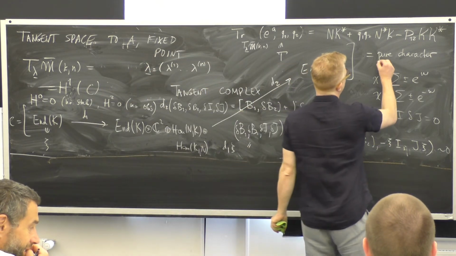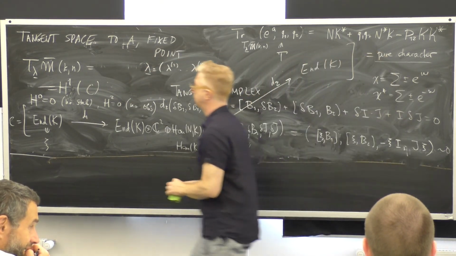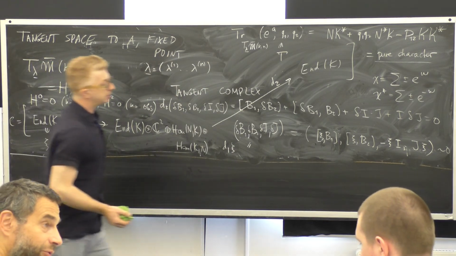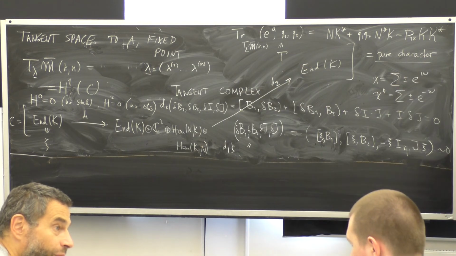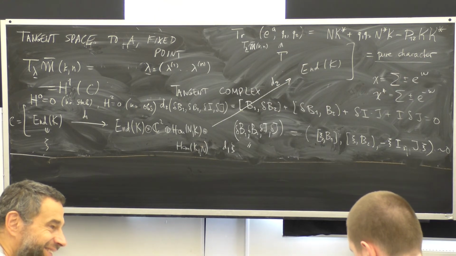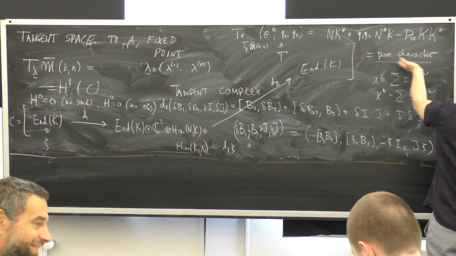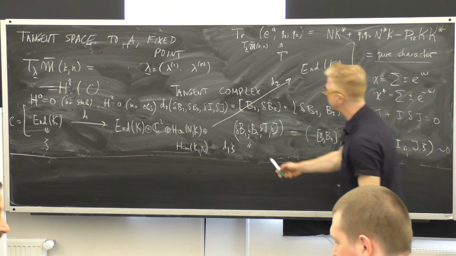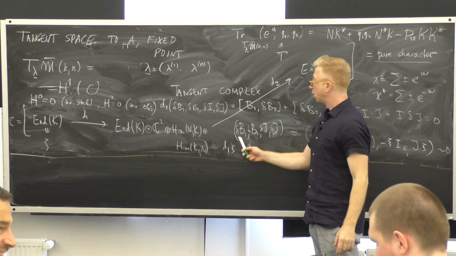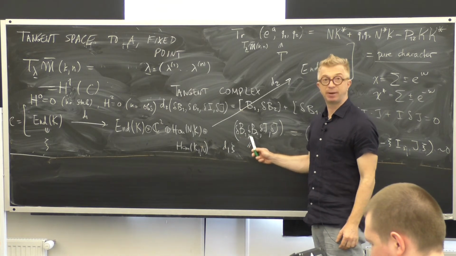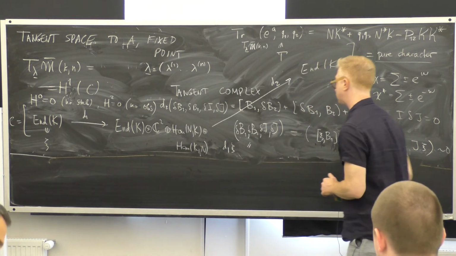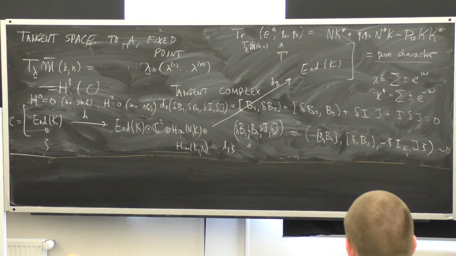Moreover, it's a nice exercise to not only identify the individual weight subspaces, but actually identify the deformations. You can actually describe very explicitly what the eigenspaces in this tangent space correspond to. But I leave it as an exercise, maybe.